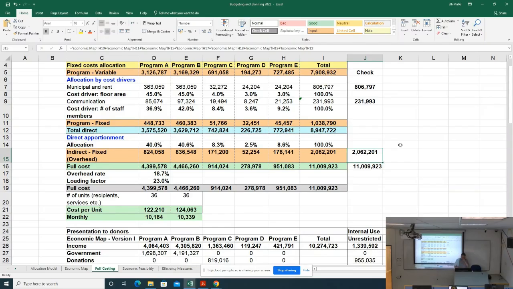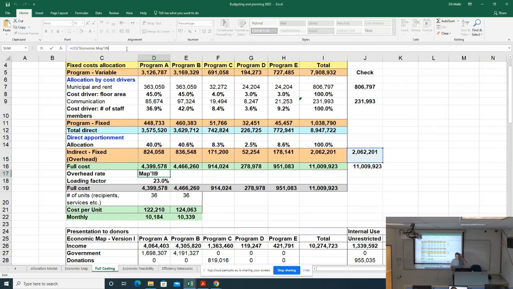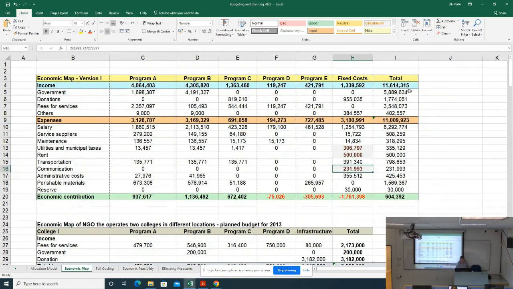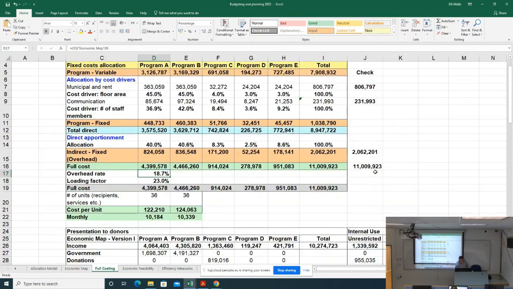Now, if I want to calculate the overhead rate, I need to divide this figure by the total cost. Here the total cost is referred to, you can see in the formula, economic map, cell I9. So if we go to the economic map and we look for cell I9, we can see that this is the total expenses of the organization, which, by the way, I also wrote right here.